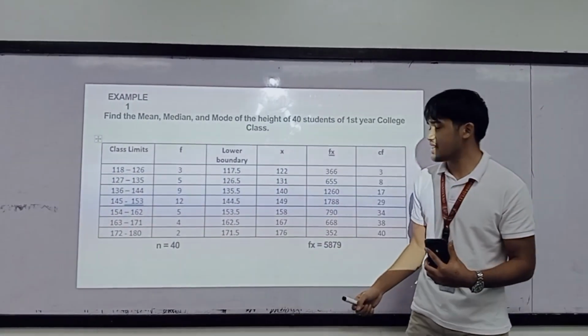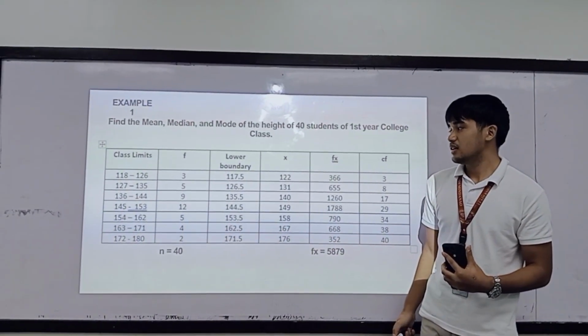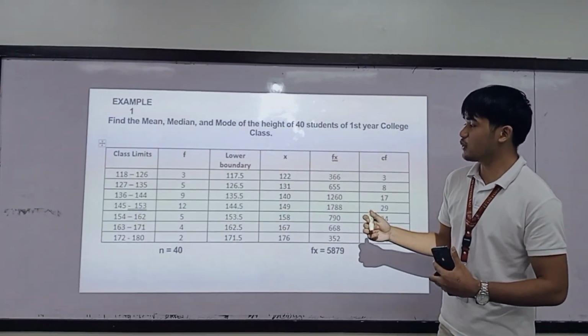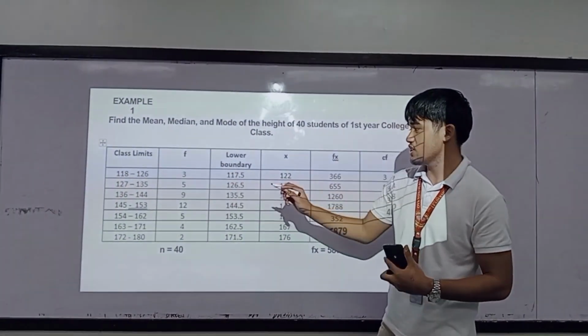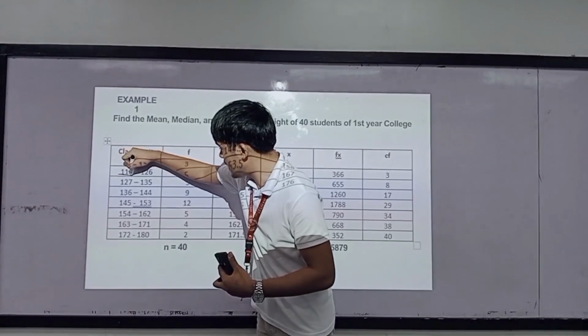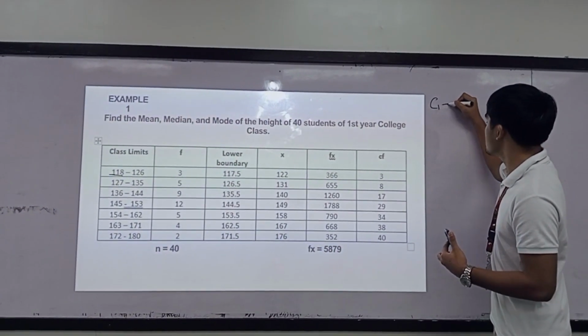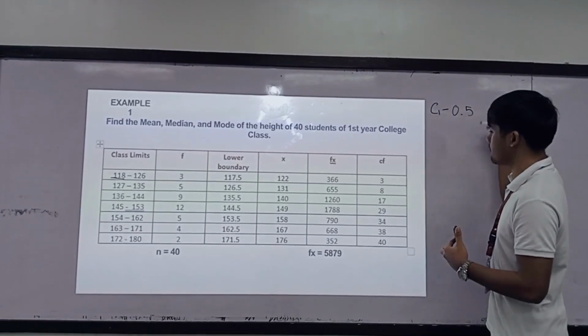Okay, so I will discuss now how to get the lower boundary. In order to get the lower boundary, we just subtract 0.5 from the first value of the class interval. The formula is C1 minus 0.5.